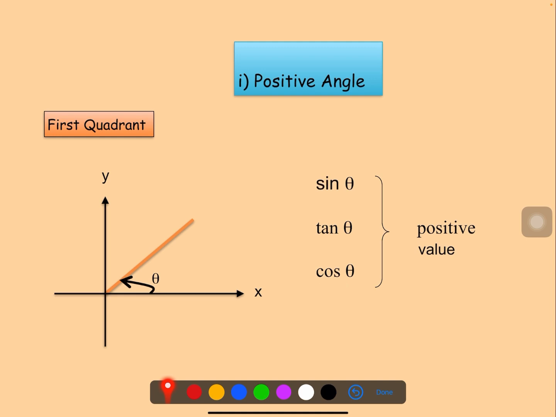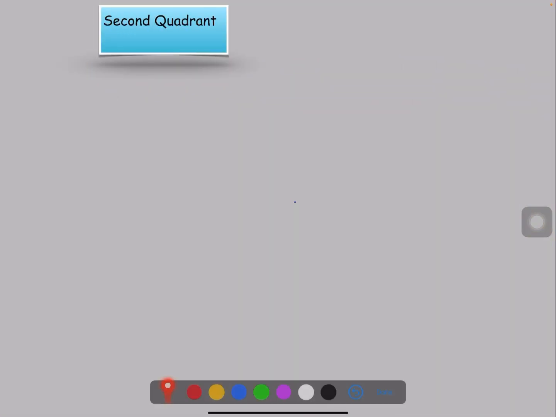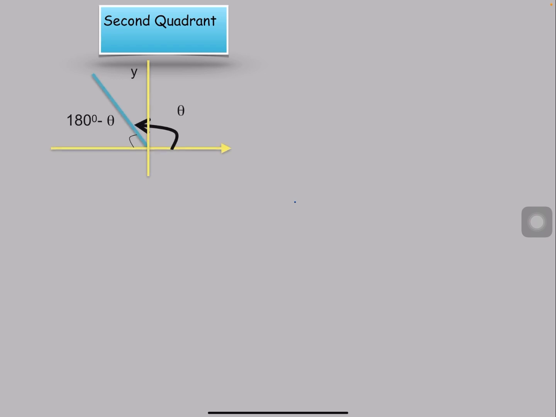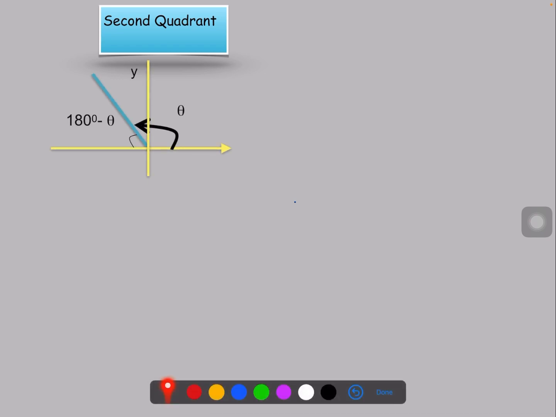If they are in the first quadrant, they bring positive values. Second quadrant. This theta is in the second quadrant, and this side, the acute angle, is 180 minus theta.